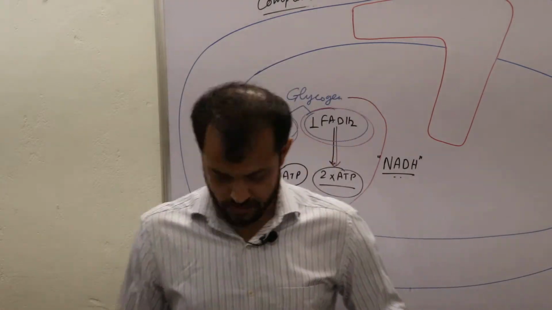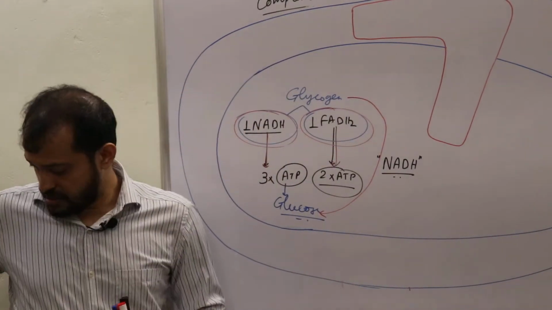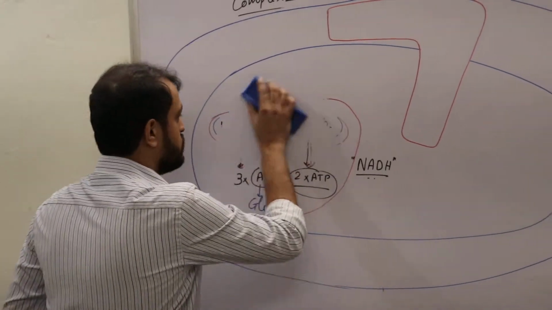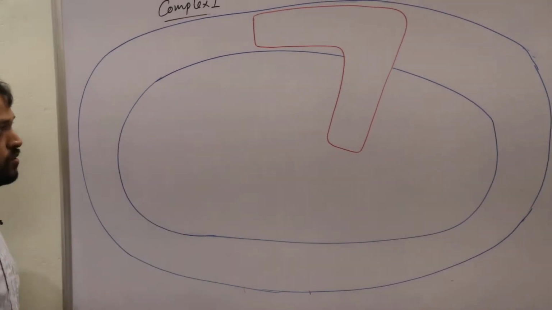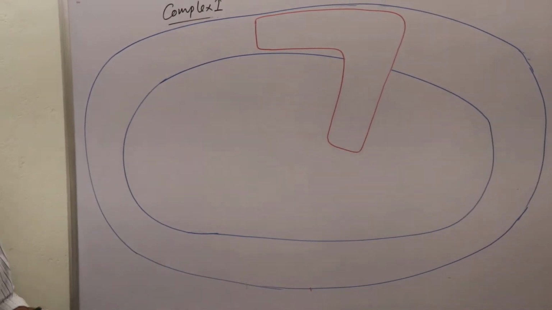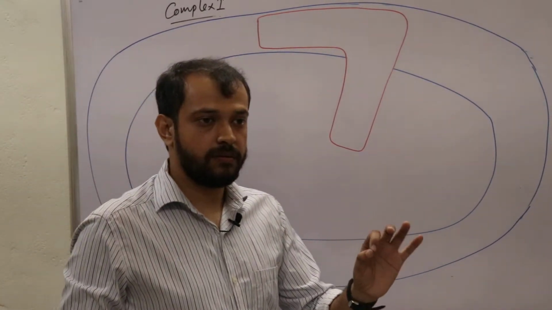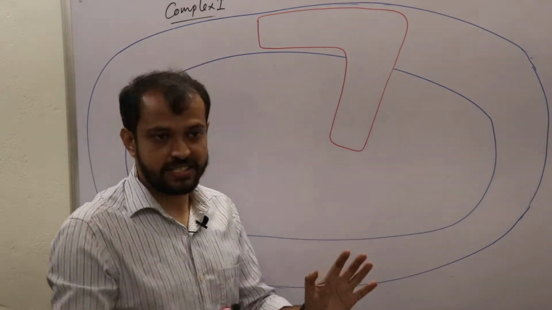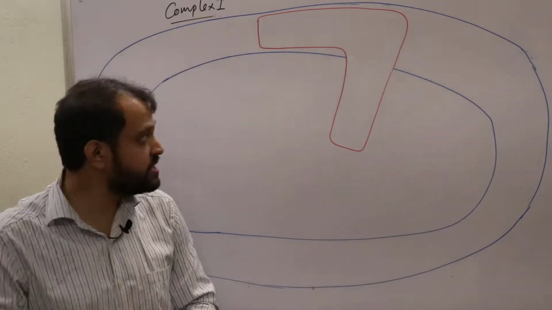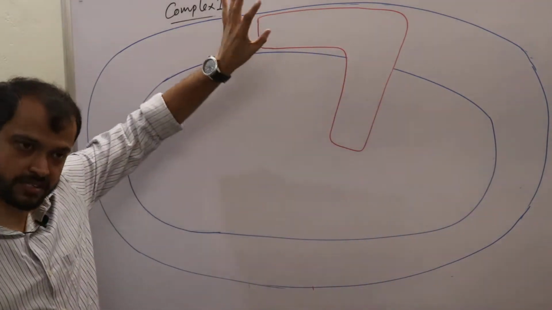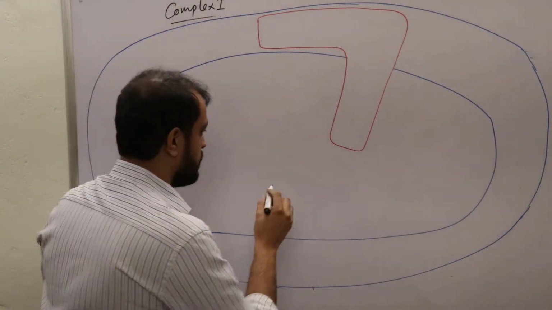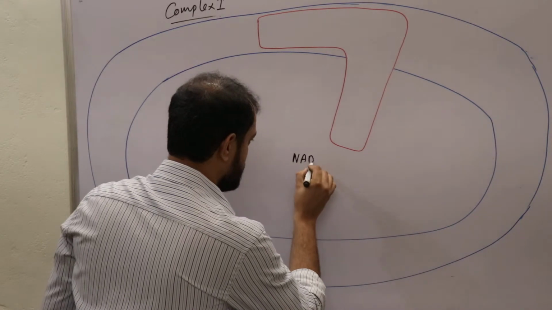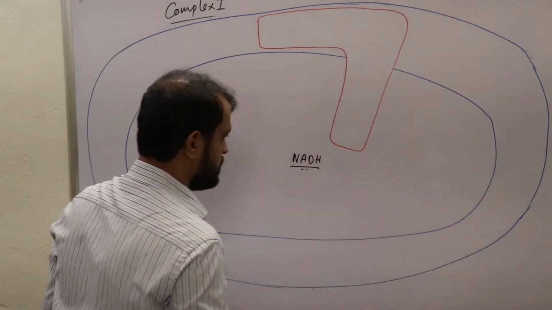Okay. Now suppose we have a scenario where ETS is working, that is, aerobic condition is there. That means this complex will at first be turned on. It is turned on with the help of NADH.